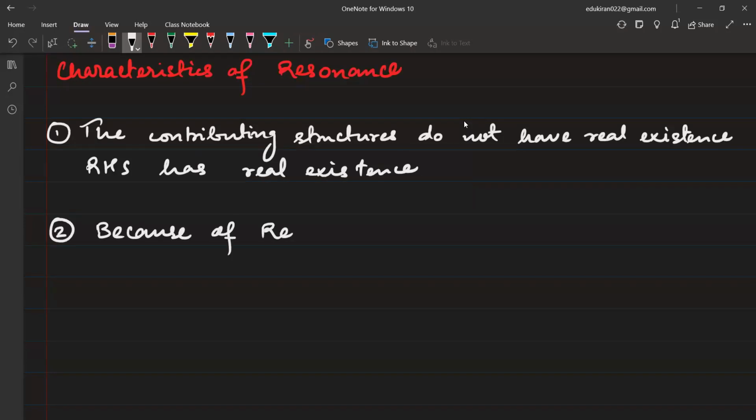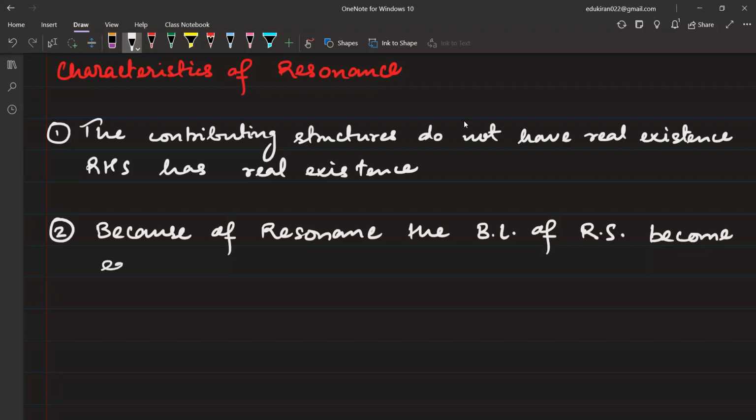Because of resonance, the bond length of resonating structures becomes equal.